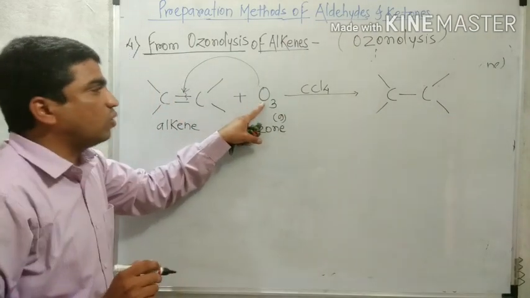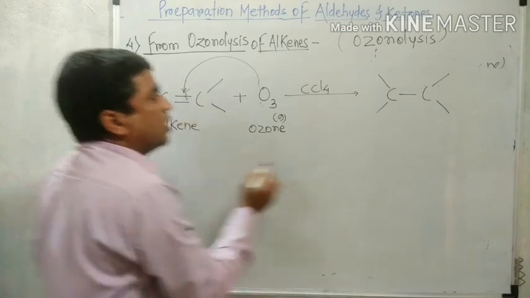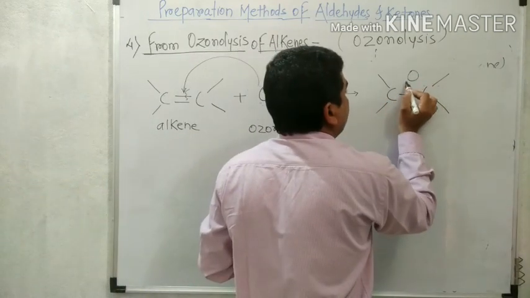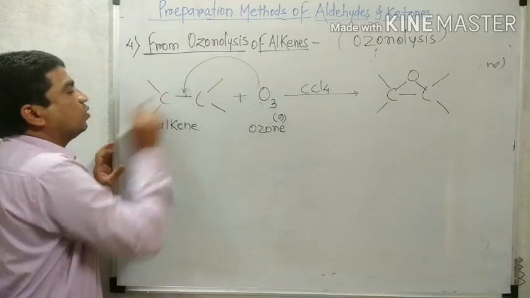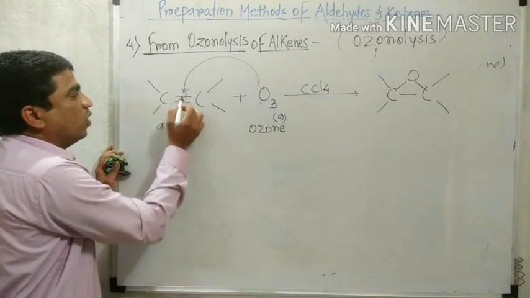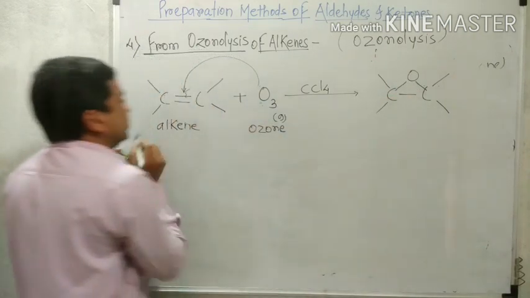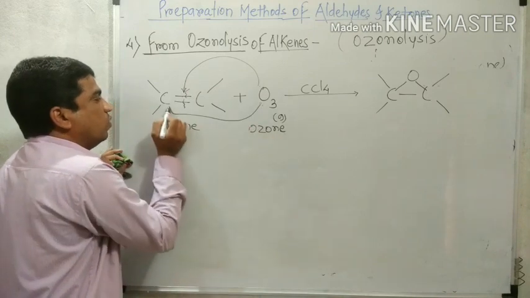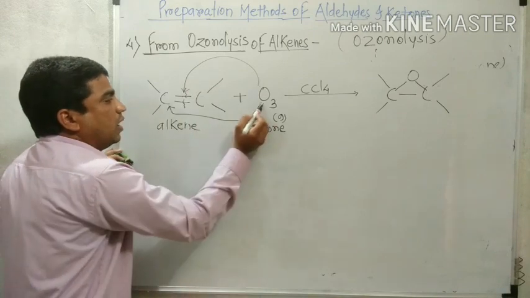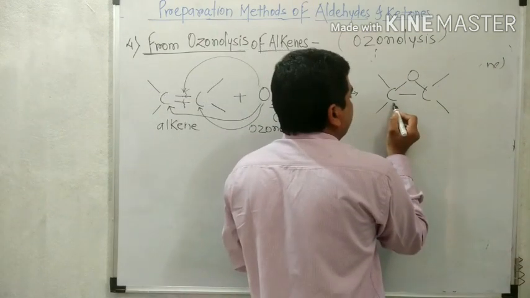Out of these three oxygen atoms, one oxygen atom gets added in between these two carbons, like this. Another bond also breaks. Of the two bonds, one breaks and one oxygen gets added in the structure. Out of the remaining two oxygens, one gets added to this carbon and another also gets added to this carbon, like this.